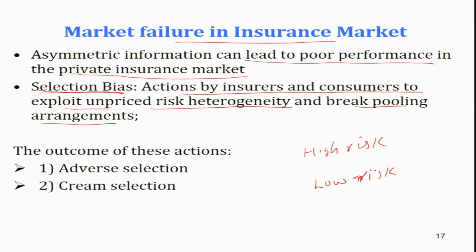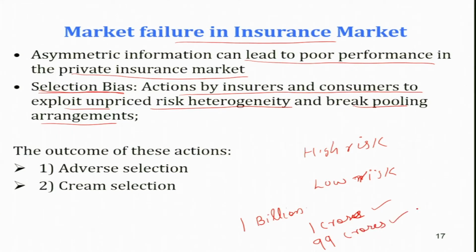Suppose we see that in a society, for example in a country with a 1 billion population, that is 100 crore, 1 crore are going to need hospitalization in the next year, and the remaining 99 crores won't need any hospitalization.